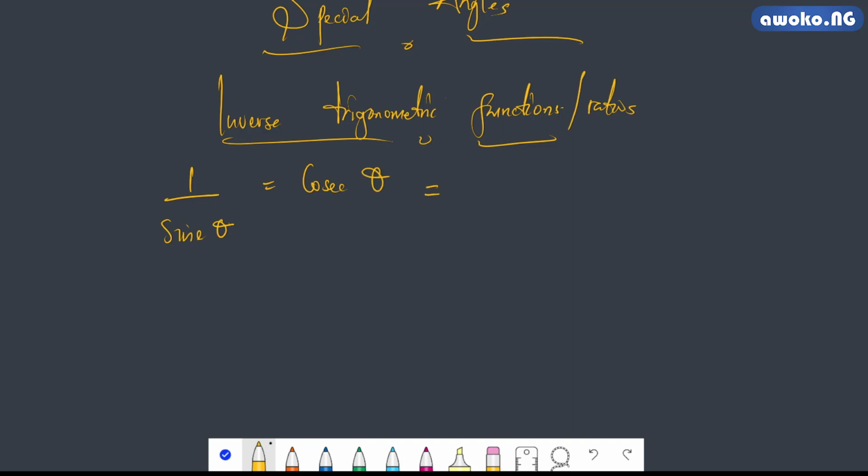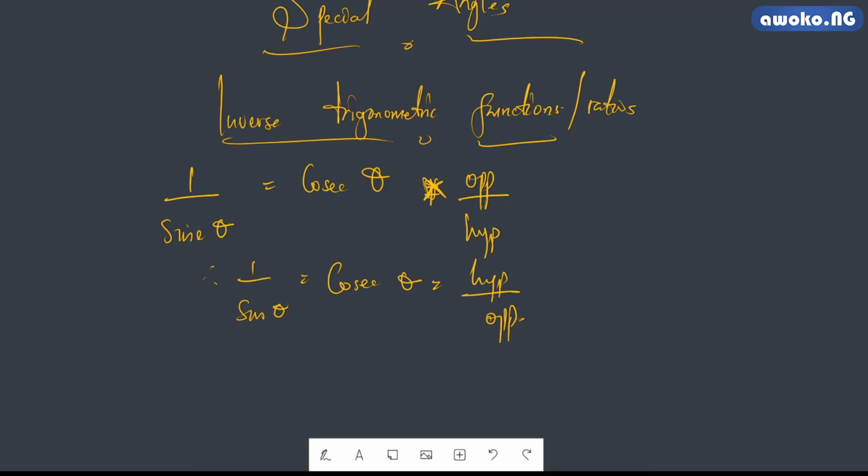Is that okay? So if sine theta is equal to opposite over hypotenuse, therefore 1 over sine theta, which is equal to cosec theta, will be equal to hypotenuse over the opposite side. Is that understood?